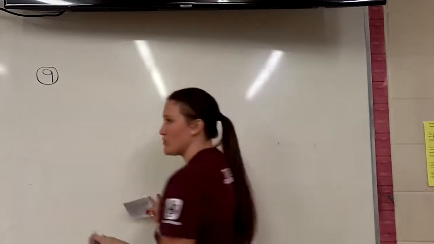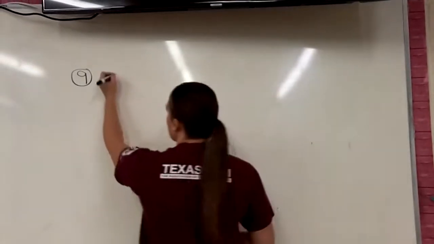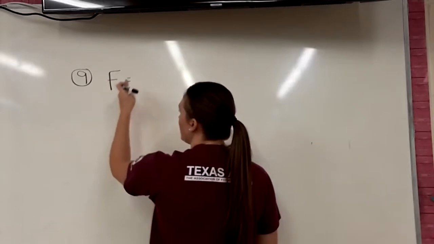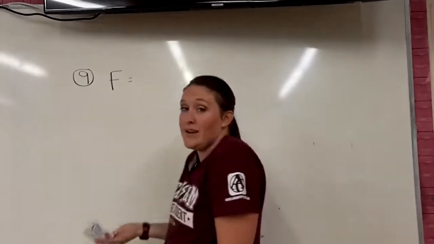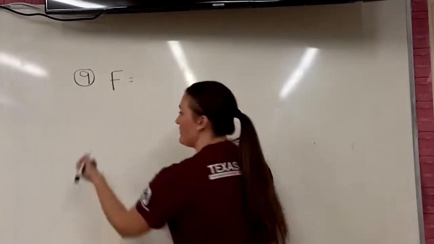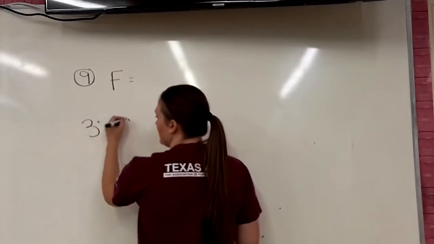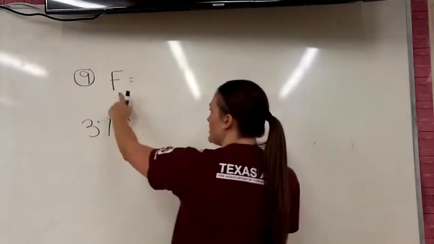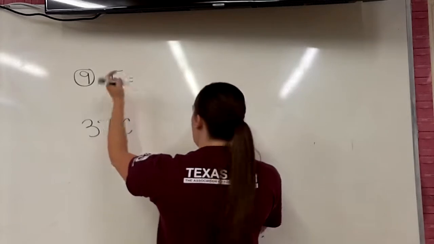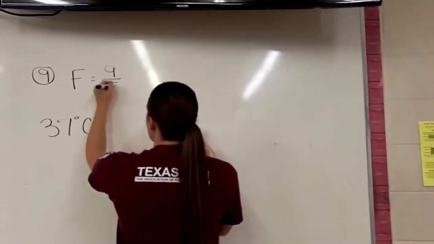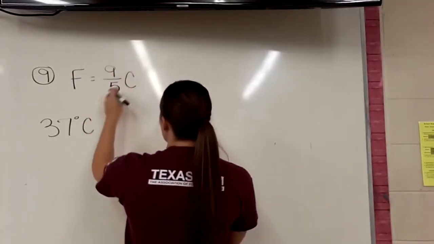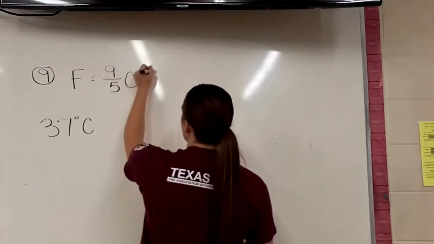So, what we need to do, we actually just in the previous example went ahead and rearranged the temperature formula for Fahrenheit. So we use the one that says Fahrenheit equals, because we want to know, okay, what is their temperature in Fahrenheit if it is 37 degrees in Celsius? Well, we just found out the formula was F equals 9/5 C, 9/5 times degrees Celsius, plus 32.